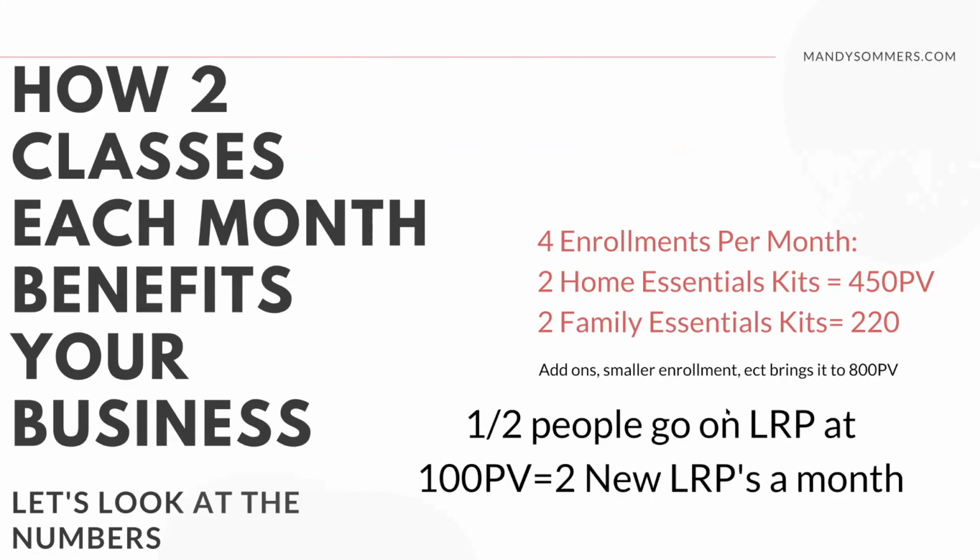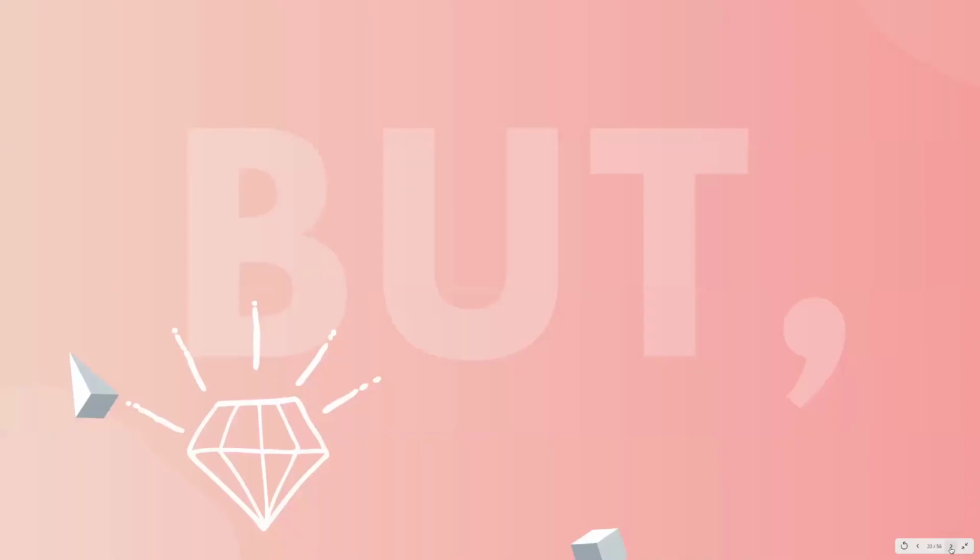About half of those people are going to go on LRP because you're going to get really good at those wellness overviews that happen after they enroll. And so hopefully you will get 2 new people every month on LRP ordering 100 PV or more. These are our goals that we're shooting towards each month to get these numbers that I'm about to show you.